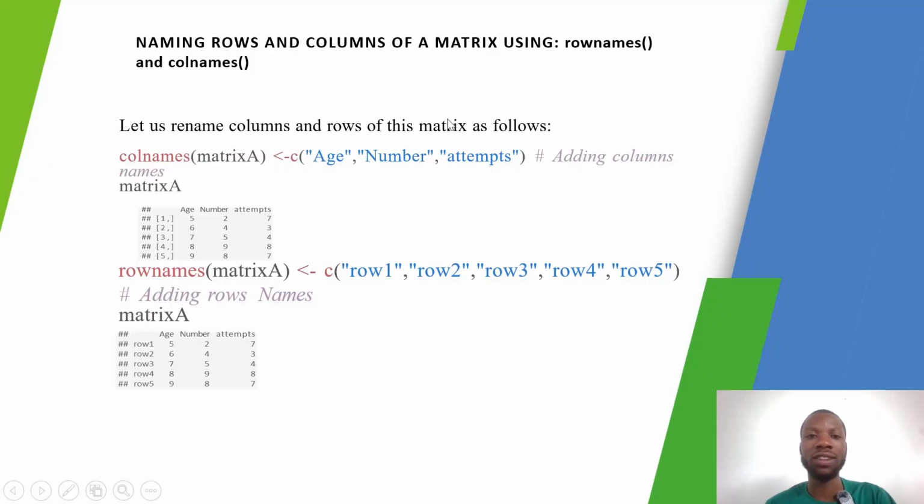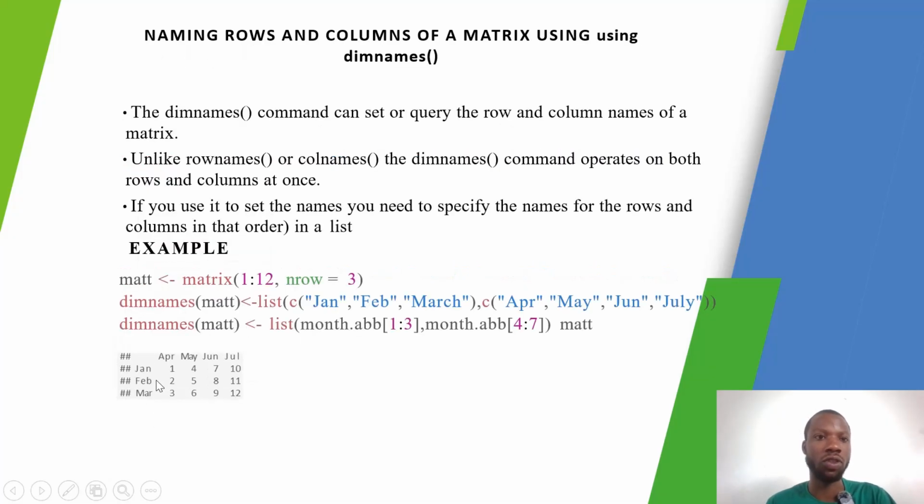If we need to assign more than one value to something, we use concatenate. That helps us combine the values that we want to add. That's what we have done here. And here, row-wise, we are labeling on this side. Since we have already labeled on this side, we are now labeling on the other side. I think you understand the difference.